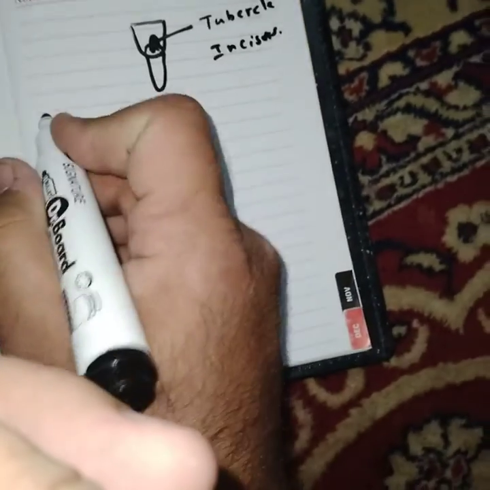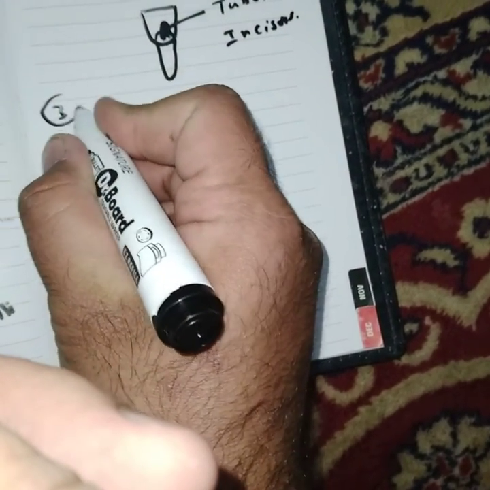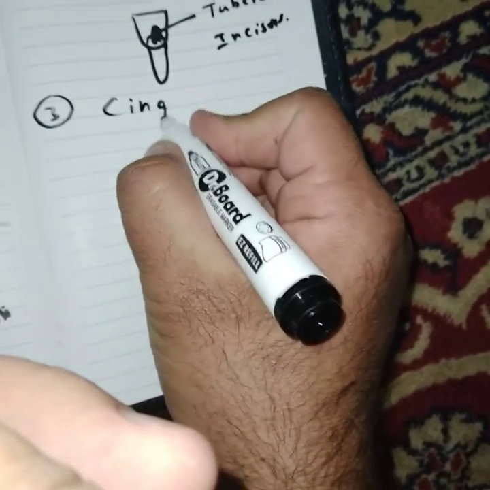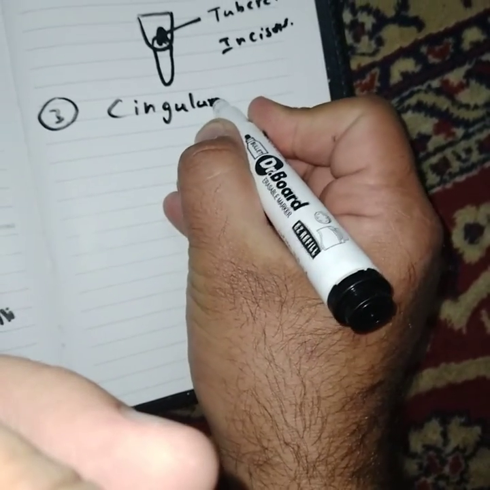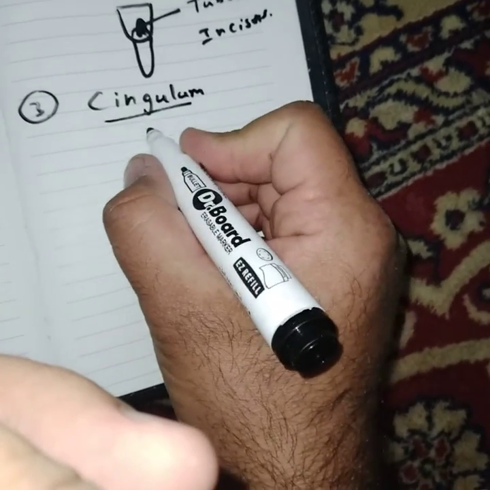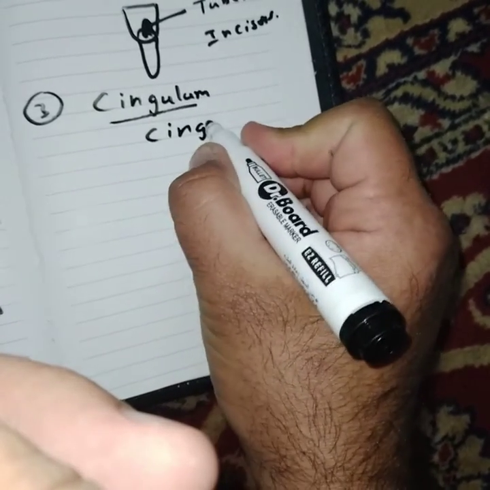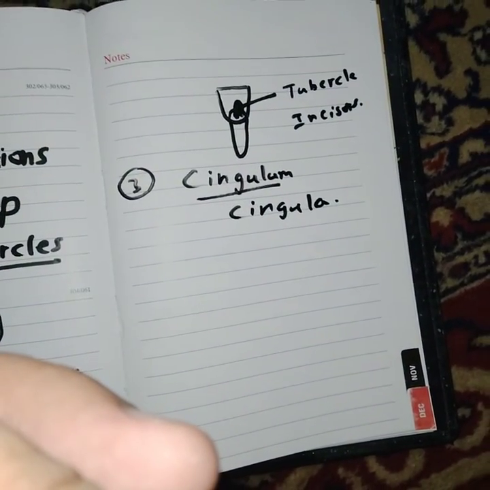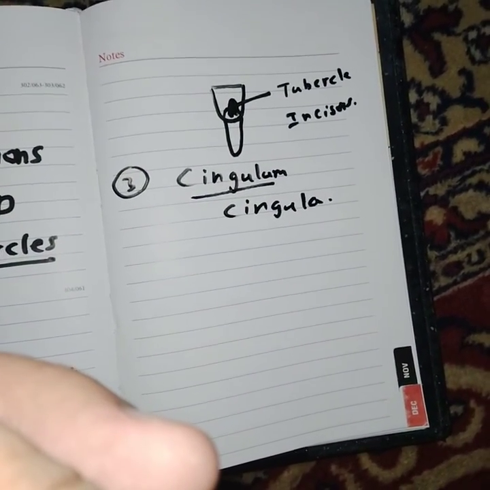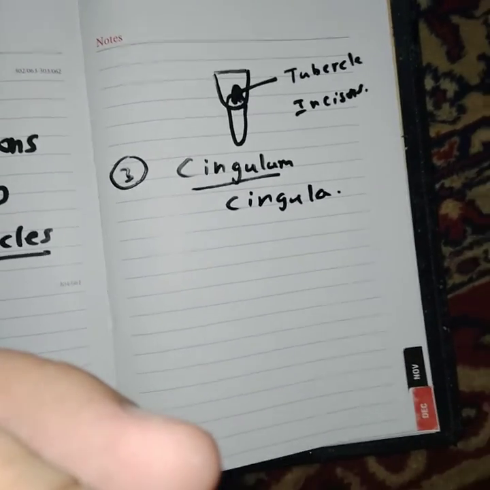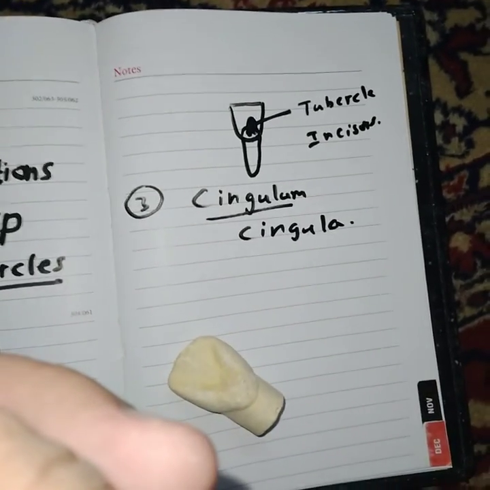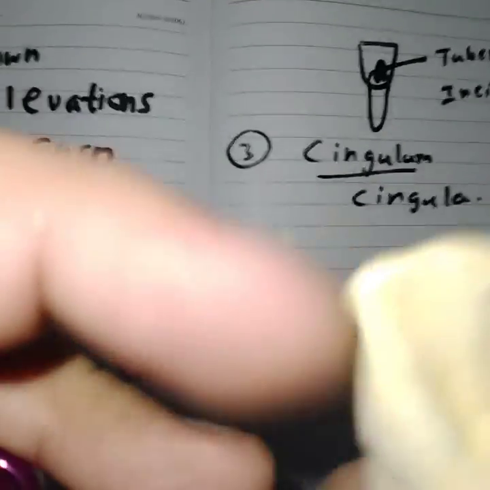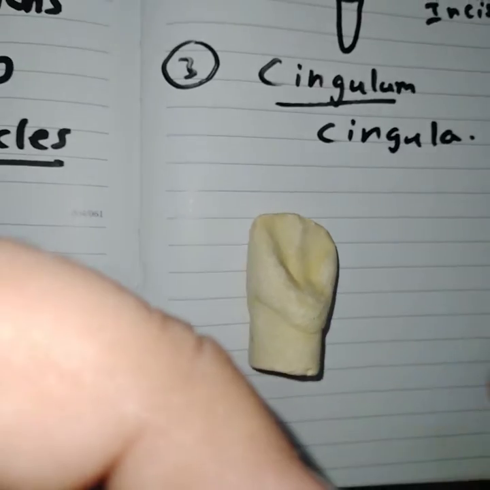The third elevation is the cingulum. Its plural is cingula. So this is your cingulum.